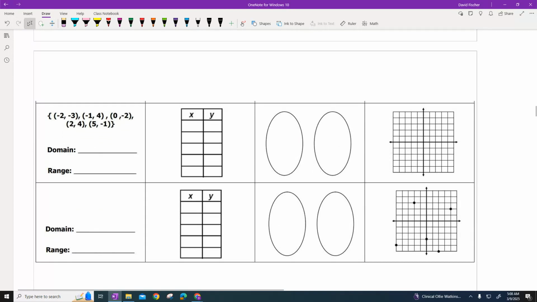So, again, let's do this and let's try to go a little bit quicker here. I'm looking at just my domains, which is my x's. I want to put them in brackets. And I'm going to put them in order from least to greatest. Going to look at just my y's.